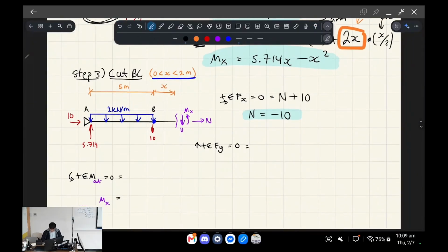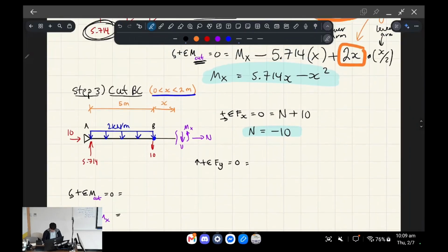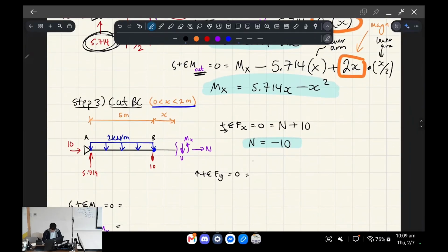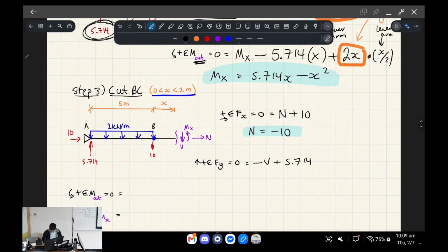Okay, the next thing to realize is we're taking the sum of the forces in the y direction to find the shear force, right? And so our internal shear force is pointed down. So we're going to do negative V. Then we're going to add 5.714, just like before. And then we're going to subtract 2 kilonewtons per meter, except now instead of multiplying by x, we're going to multiply it by 5.